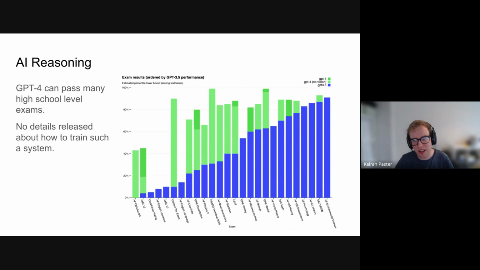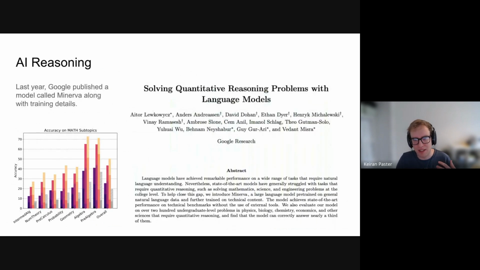So we have an existence proof that something like this can exist, but we actually know basically nothing about how GPT-4 was trained. On the other side, last year, a team at Google published a model which they call Minerva. Similar to GPT-4, this model is really strong at these quantitative reasoning problems.